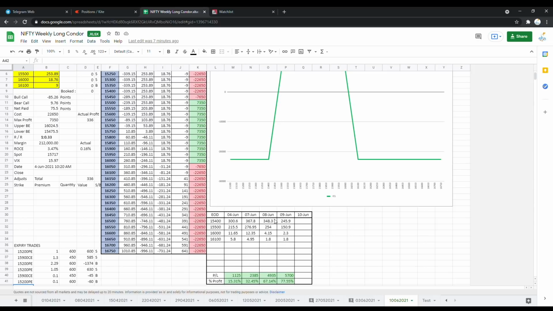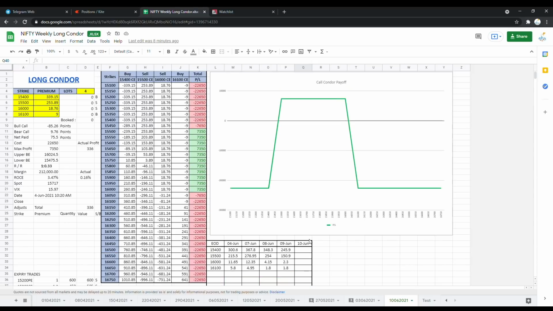On 8th of June we just got it further doubled, so we are at about 67%, and yesterday we were at 77.55%, and today when I close I'll be closing at 100%. So this is the perfect closing of the call condor without doing any adjustments.